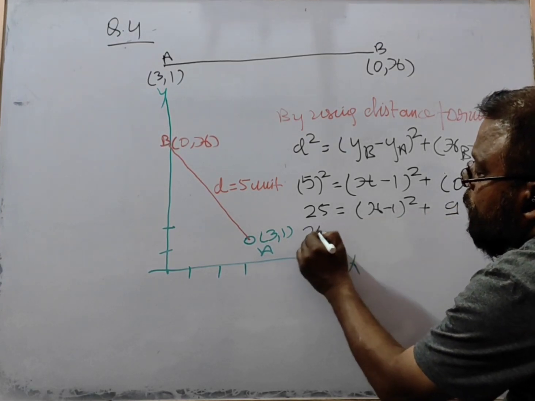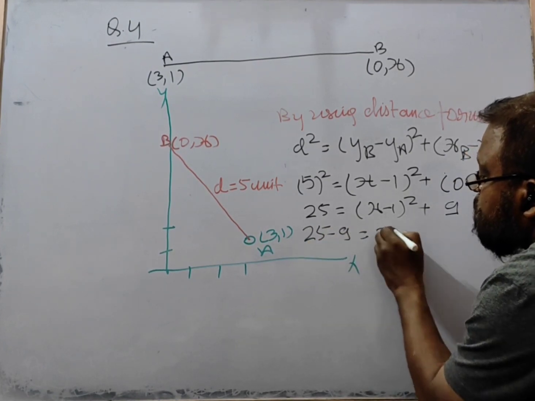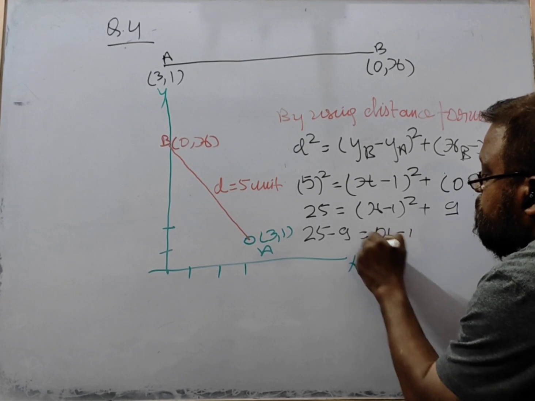So 25 minus 9 is equal to x minus 1 whole square.